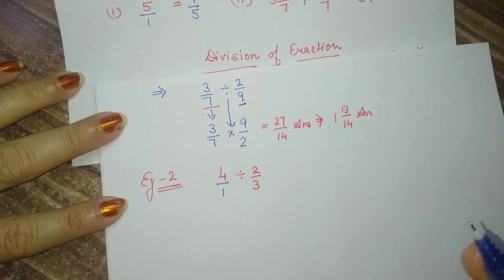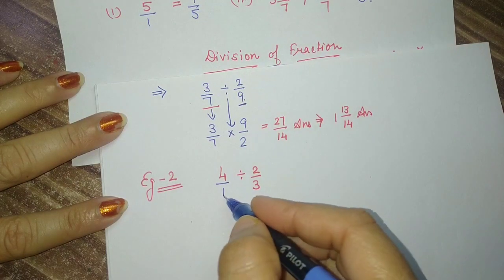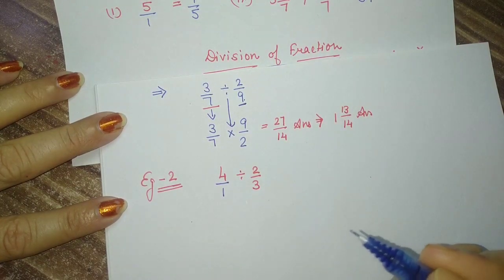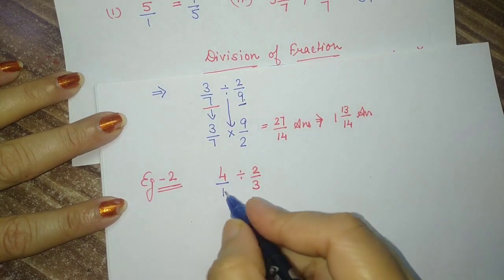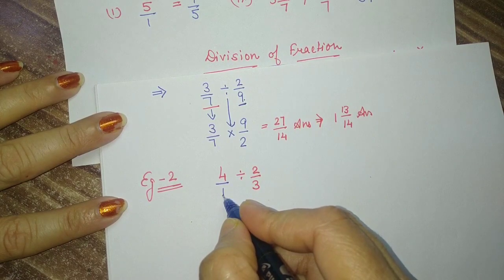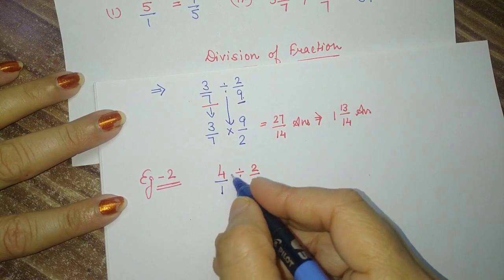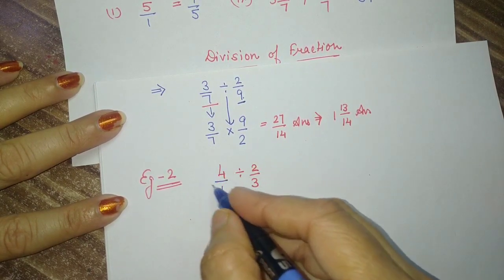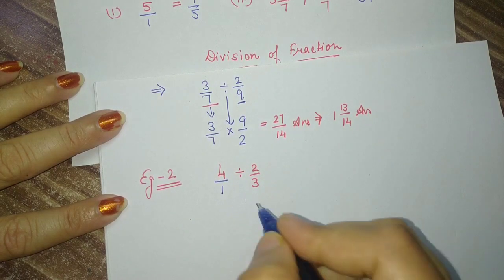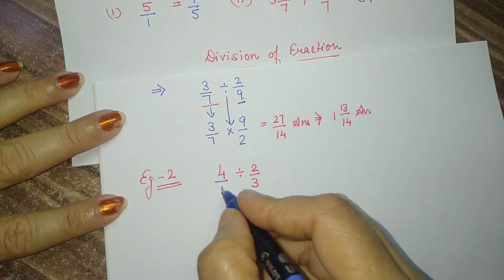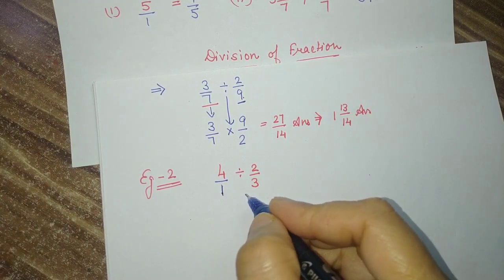Why do we always write 1 as the denominator? Why not another number? The reason is that if any number is divided by 1, the answer is always the number itself. There is no effect, the number remains the same. That's why we always write the denominator as 1.